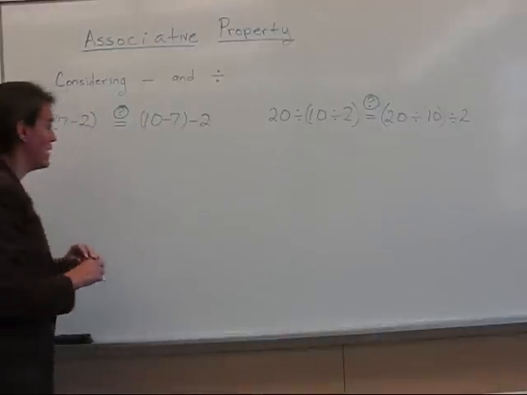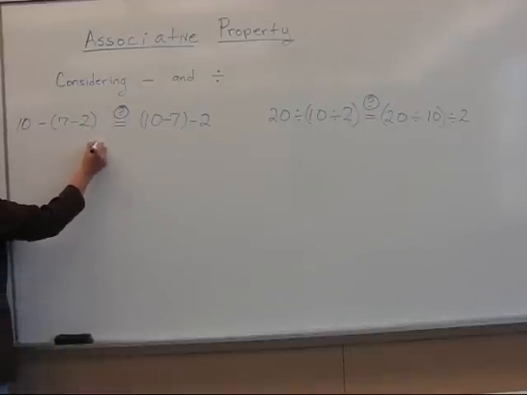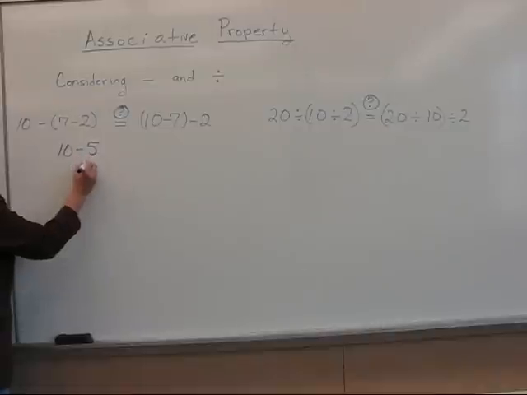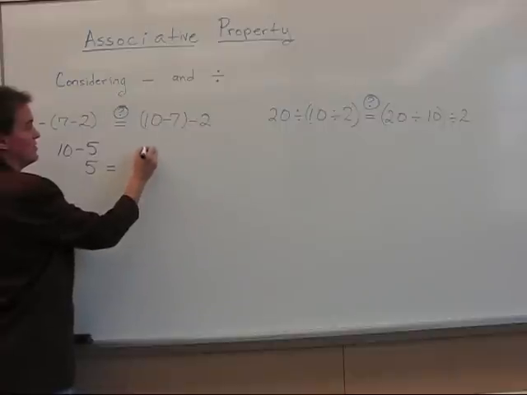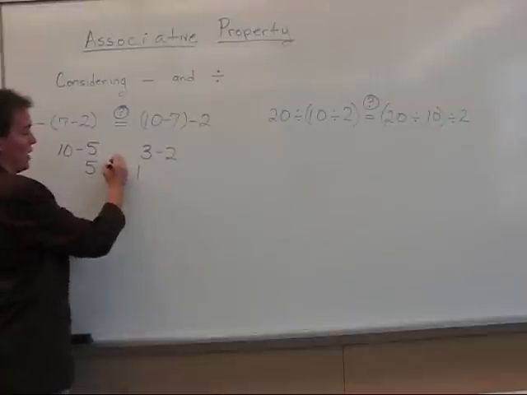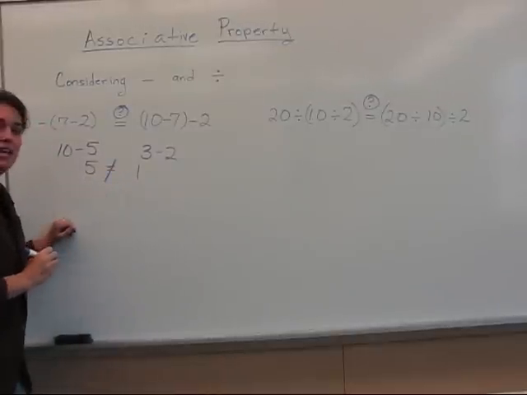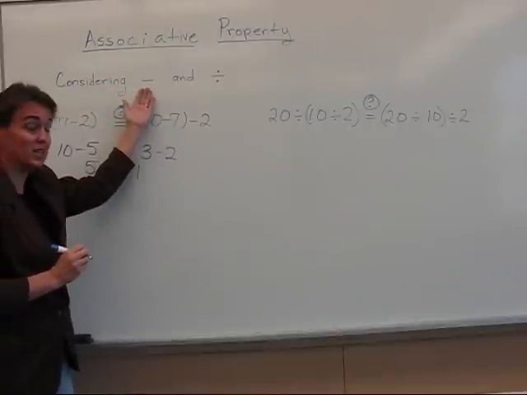Seems like it should work, right? Well, let's try. Doing what's in parentheses first, we get a 5. 10 minus 5 leaves us with 5. On the other side, 10 minus 7 gives us a 3, and then when we subtract 2, we're left with a 1. These are not equal, so the associative property does not work for subtraction.